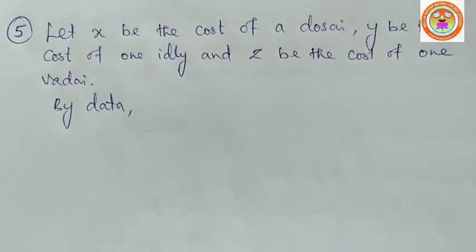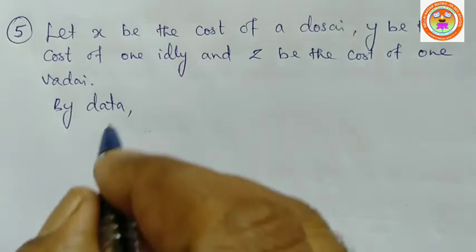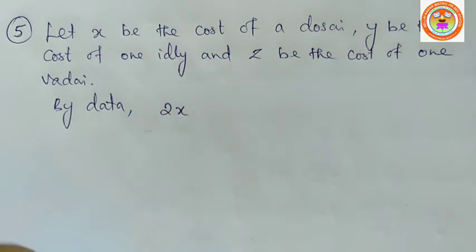Let x be the cost of a dosai, y be the cost of one idli, and z be the cost of one vadai. So by data, it is given that, see, the second line, the cost of 2 dosai, that means 2 into x.